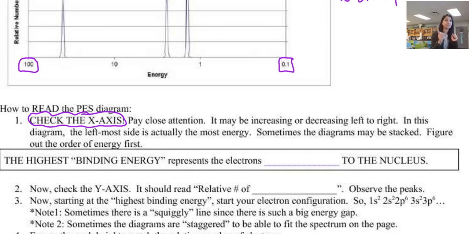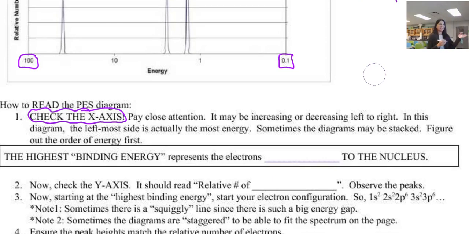And don't forget, this is really important too. The more electrons you pull off, the atom actually gets smaller and smaller. And simply by pulling one electron off, you can even decrease the atom size by half. Okay, by half. Okay, so check the x-axis. Again, we said it can be increasing or decreasing.